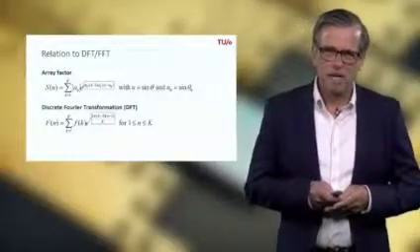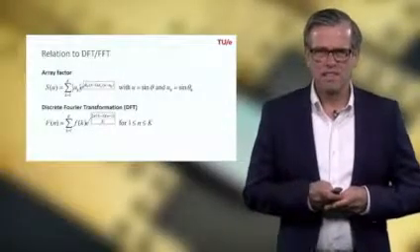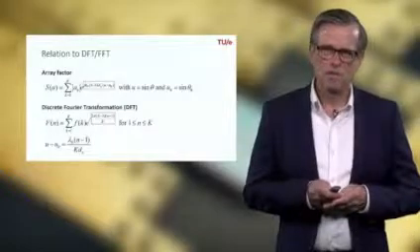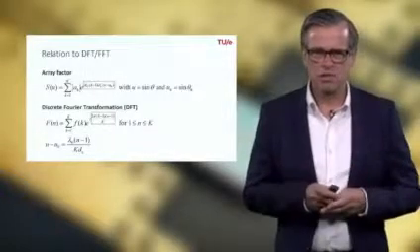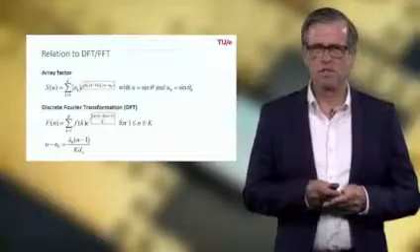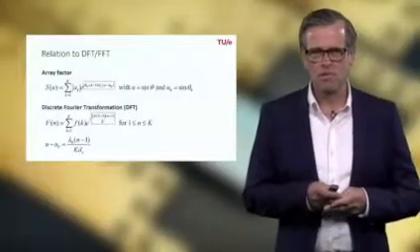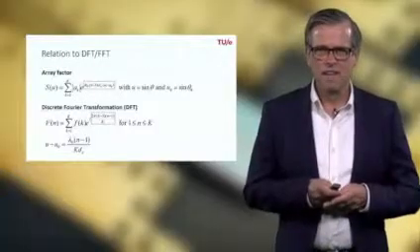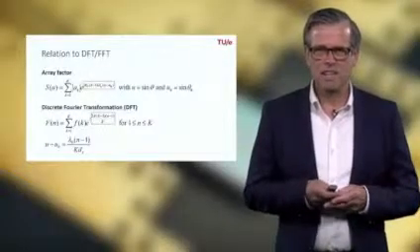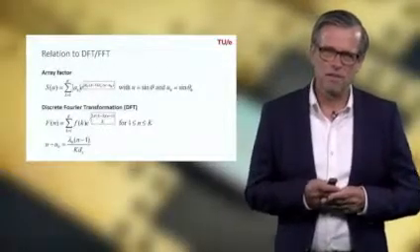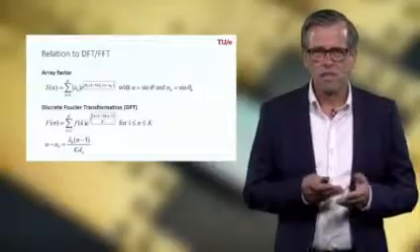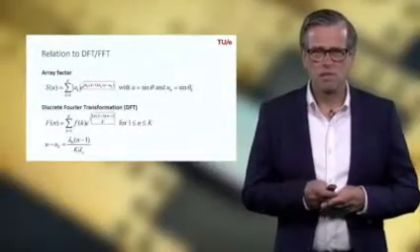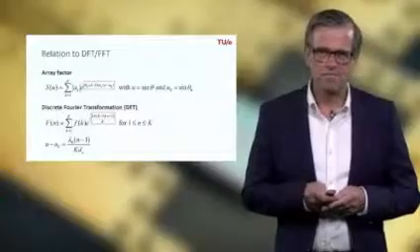And by comparing the phase in these exponential terms, we can observe that if we take this particular choice, that u minus u naught is equal to lambda naught times n minus 1 divided by k dx, then the DFT is exactly the same as the array factor. So that can be very useful and is of course used in a lot of codes which already exist.